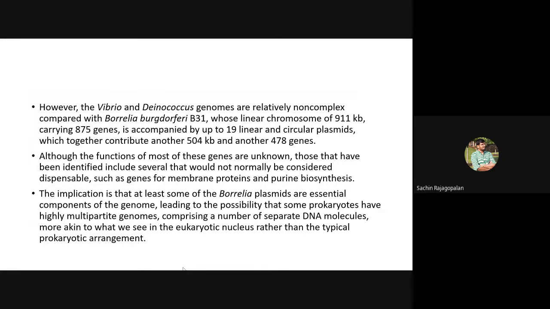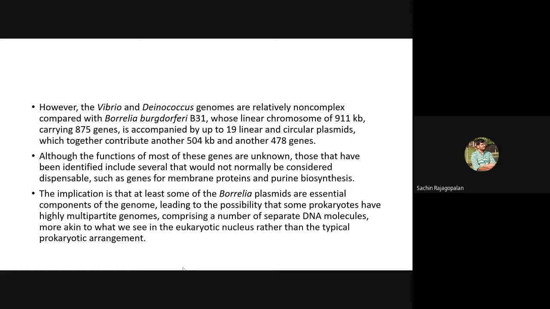So Borrelia is one of the best model organisms you can have to study multipartite genomes, because as you can see here, the linear chromosome is 911 kb, and then you have 19 linear and circular plasmids. So it becomes the best model organism to study multipartite genomes.